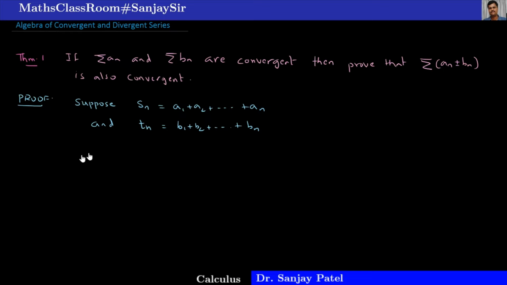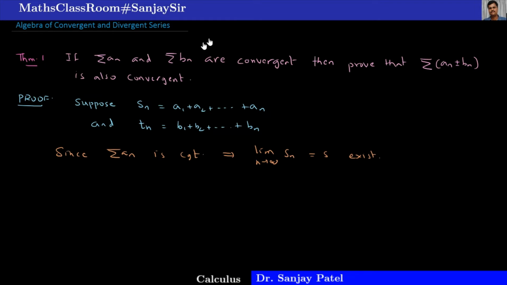As both the series are convergent, since sigma an is convergent, we can say the limit as n tends to infinity of Sn is equal to S, and it exists.